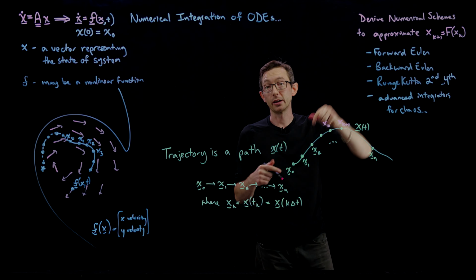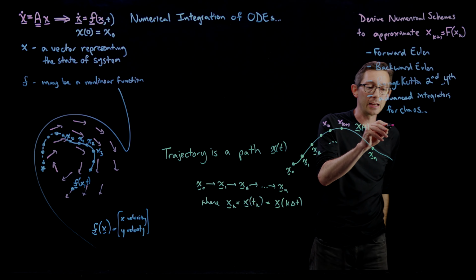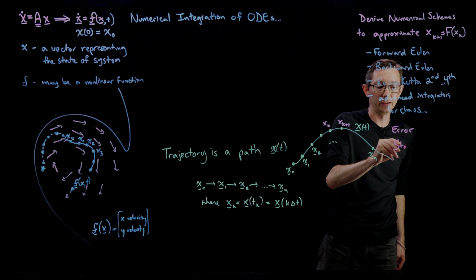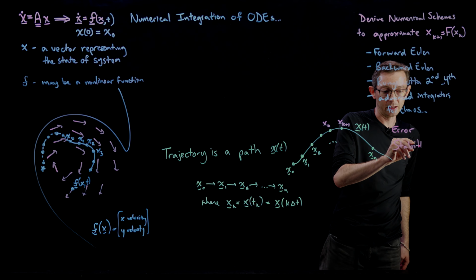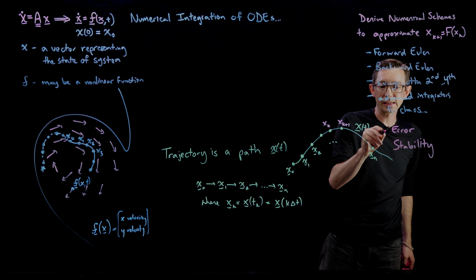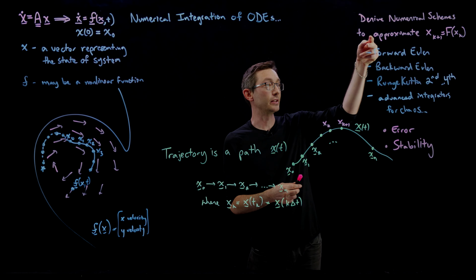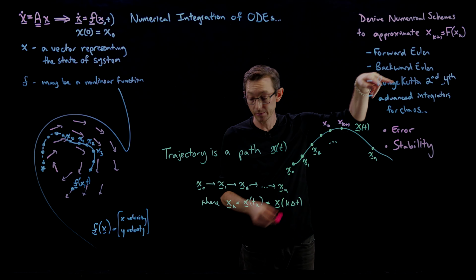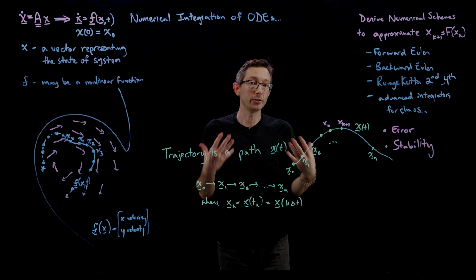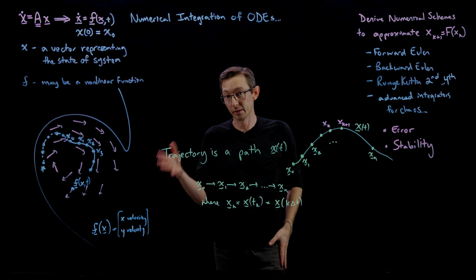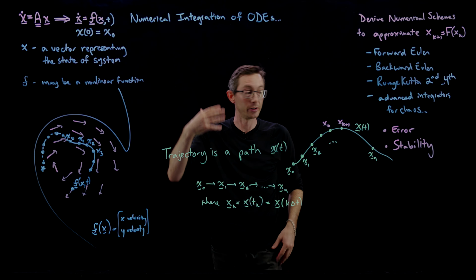For these schemes, we're going to talk about specific properties like error properties. We're going to look at the error, and we're going to look at stability. Specifically, I'm mostly going to look at the error and stability properties of these simple Euler and Runge-Kutta schemes, but that's going to build our intuition for more generalized integrators that you might come into contact with later in your research or in your work.